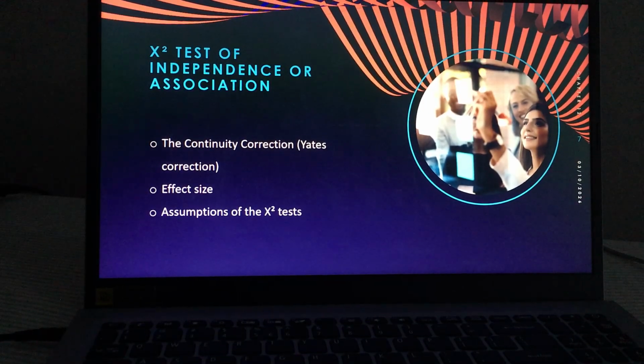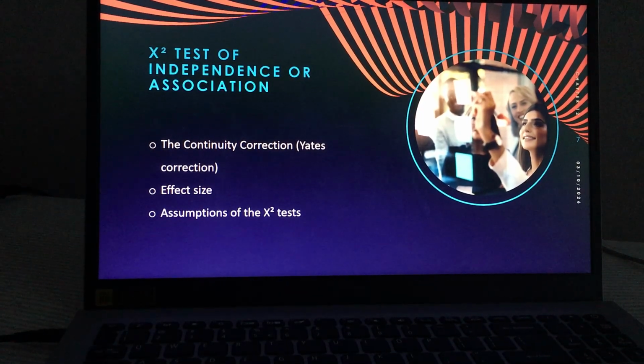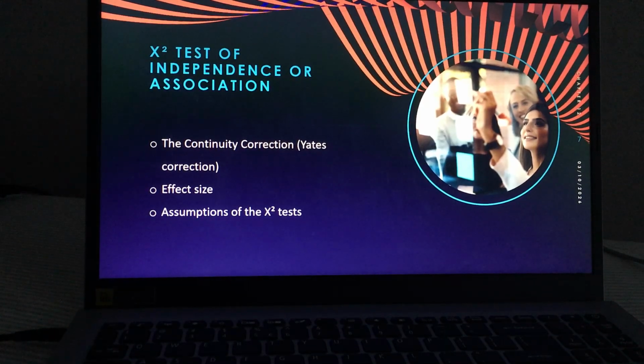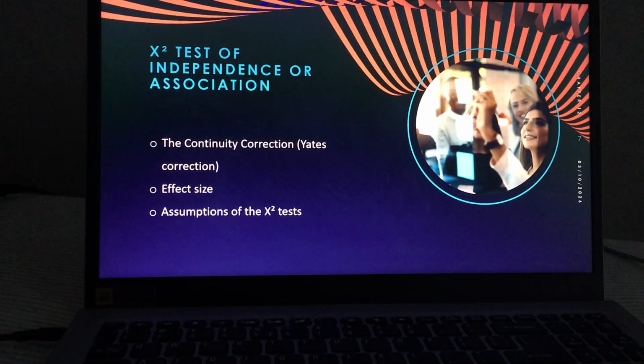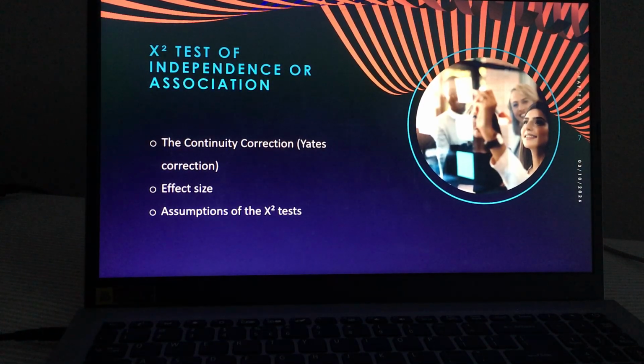So in 1934, Yates suggested a simple fix. We can see this equation on page 16. And here in this equation, we're going to redefine the goodness of fit test statistic. Okay, so we can see how they're doing that. And basically, he subtracts 0.5.